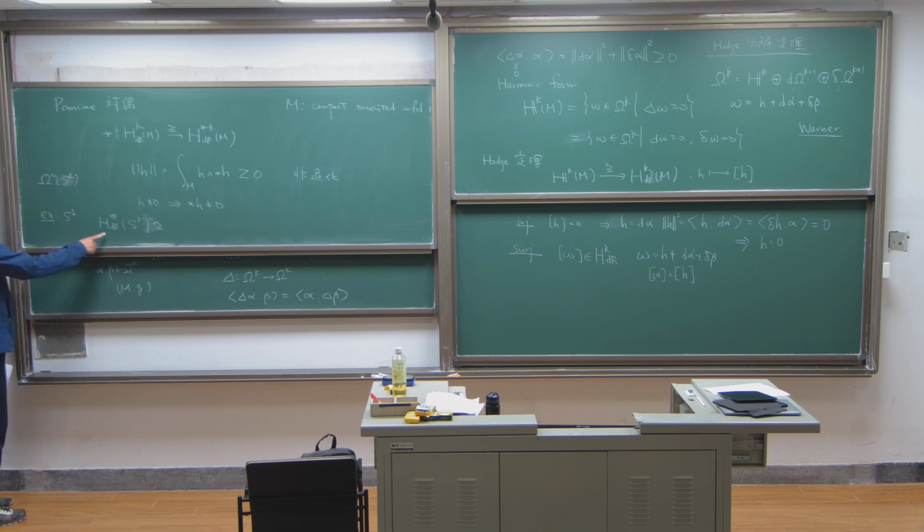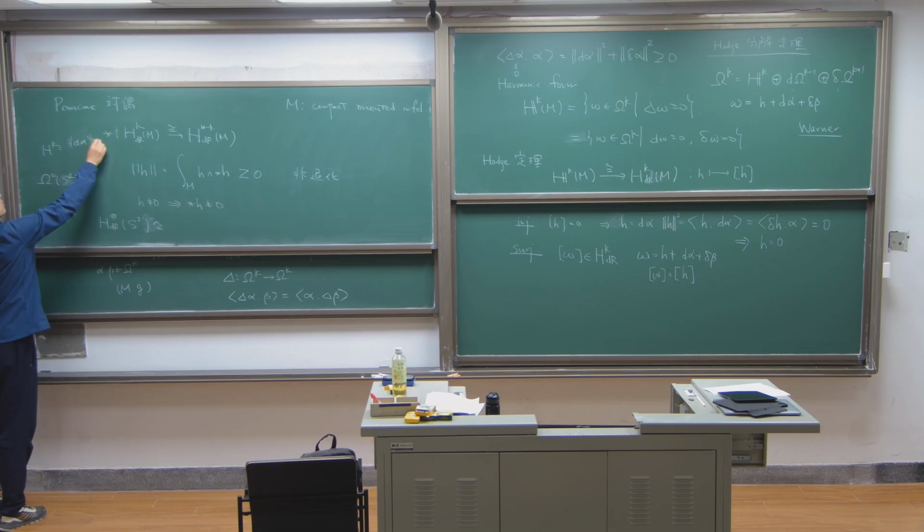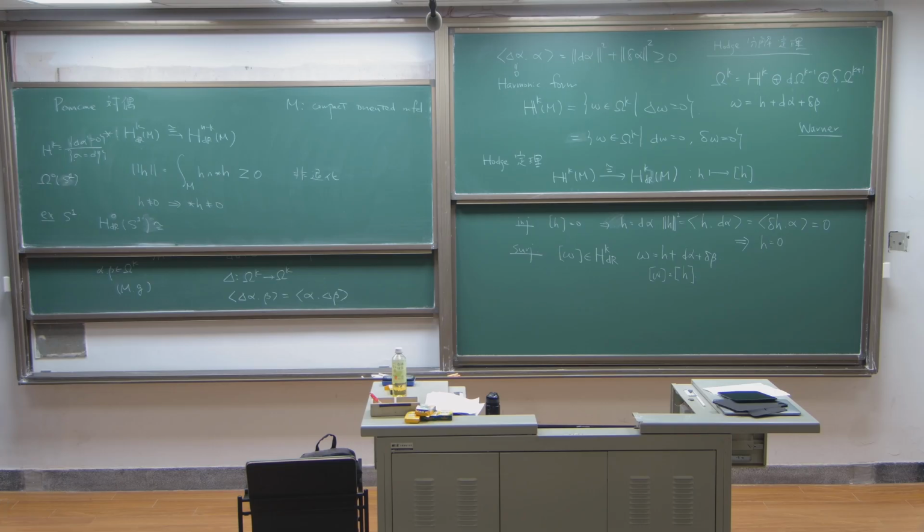And then de Rham cohomology is always defined by closed form, d alpha equal to 0, modulo alpha equal to dA. So closed divided by exact form.